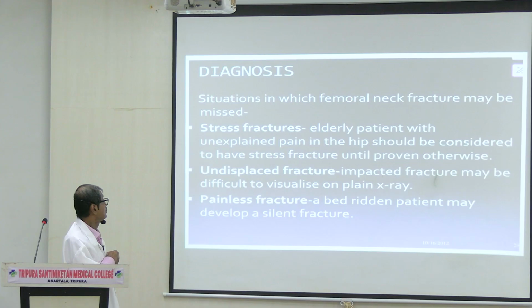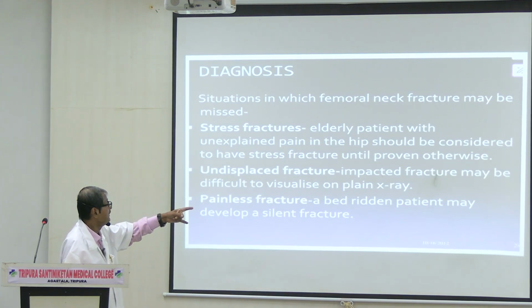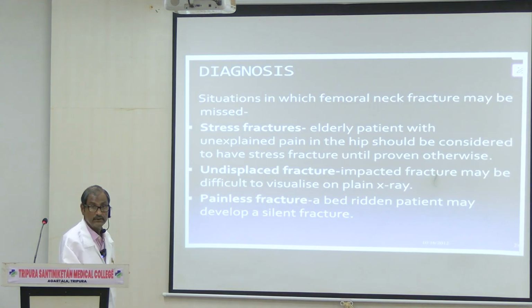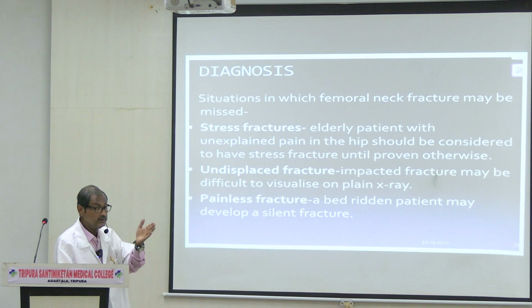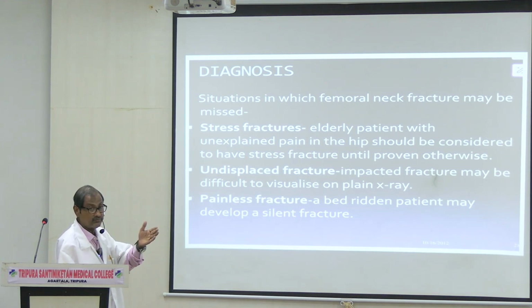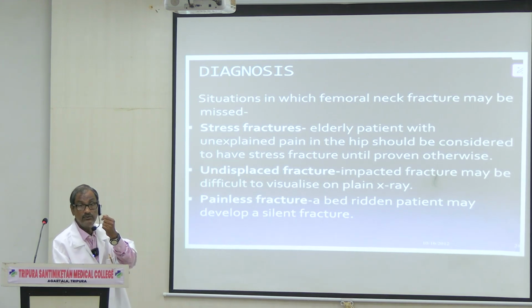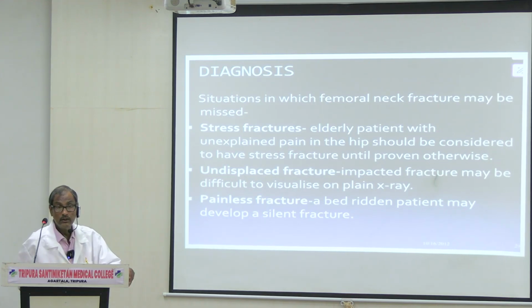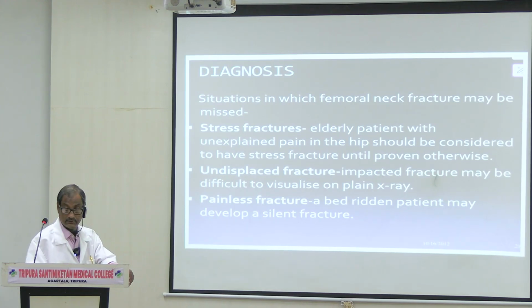X-ray will confirm. Stress fracture, undisplaced fracture, impacted fracture may be difficult to visualize on plain X-ray. I told you earlier that when there is a unicortical fracture or stress fracture you cannot see it. At that time we take the help of CT scan, computed tomographic X-ray. So we do a CT scan.